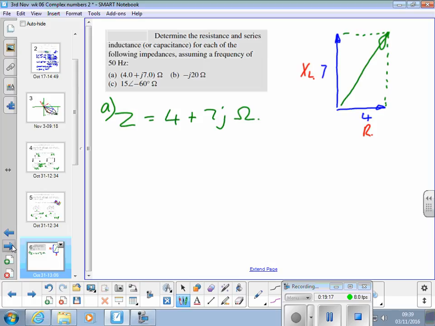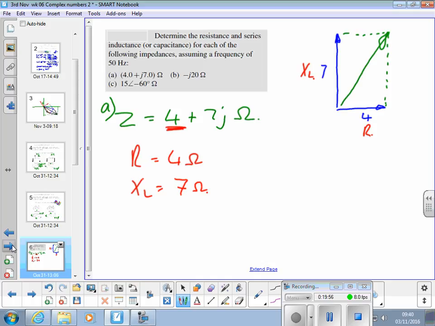Okay. So the question says determine the resistance. So what is the resistance of this circuit? R is equal to 4 ohms because that's that bit. Now, XL is equal to what? 7 units. So why are we being given this frequency?